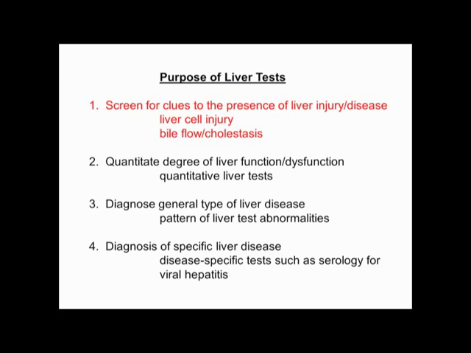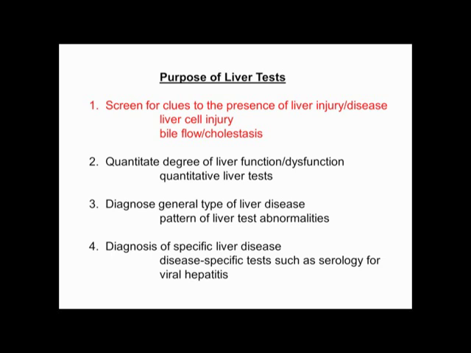So we're going to talk about several categories of tests that you can use to screen for liver disease. And that's what most of this talk will be about. How can we identify ongoing liver cell injury, problems with bile flow, which is called cholestasis. Then we'll talk a little bit about, do we have any ways of calculating liver function, more quantitative.